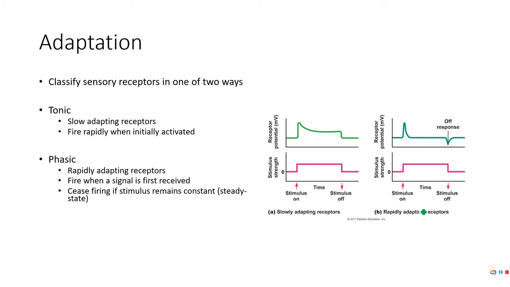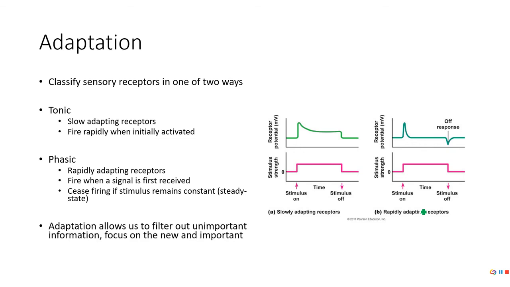The reason that we have adaptation is that this lets us know what's new, what's important, and kind of ignore the old. An example of this is, think about when you put your clothes on. When you first put a shirt on, you can feel the shirt on your body. However, shortly after that, it's not that you forget, but you just don't even notice that you're wearing clothes anymore.